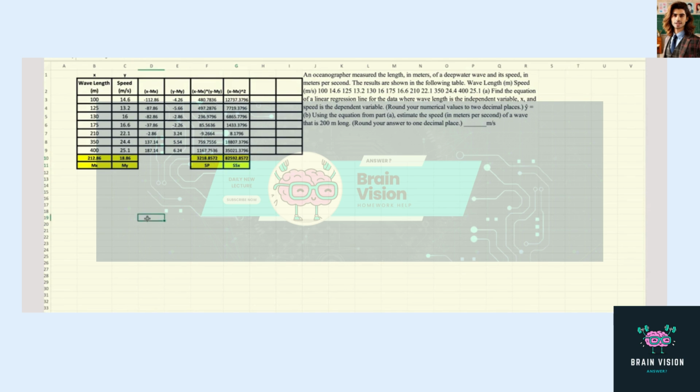Okay, so I'm going to end up using these 4 values. To get my slope, I'm going to take the sum of my products and divide it by the sum of the squares of x.